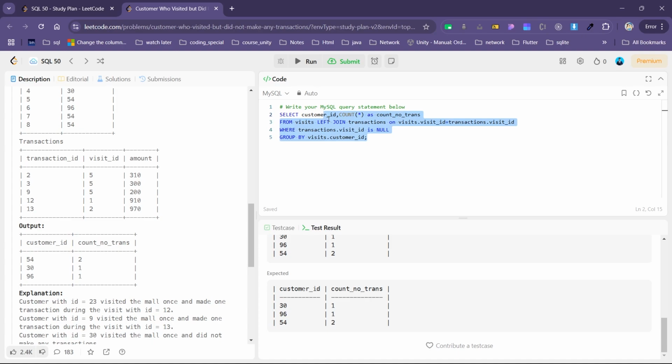So the next solution is by not using the left join, but instead checking if the visit ID exists in the transactions table. So what I mean is we will select customer ID from visits table, because this is the table which contain all the customer IDs, where the visit ID from this visits table is not in.